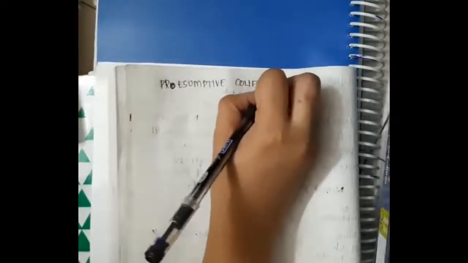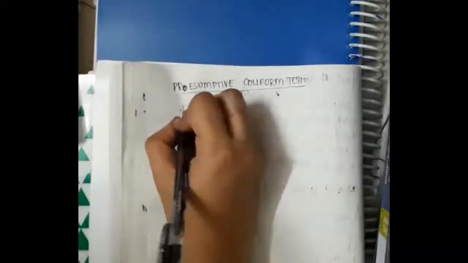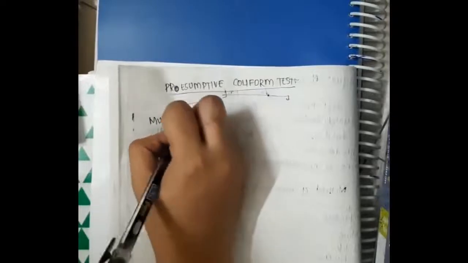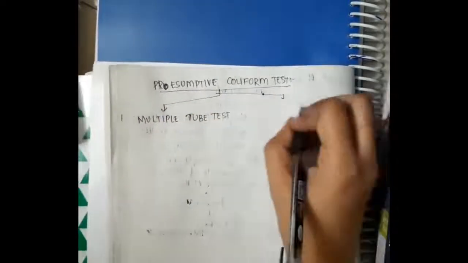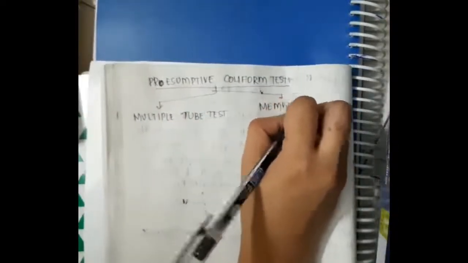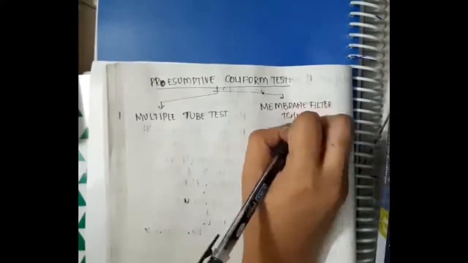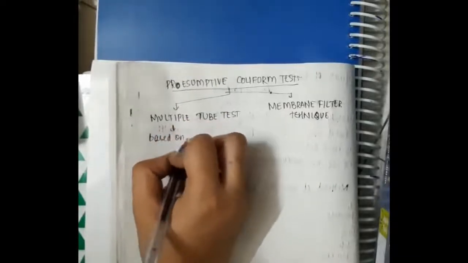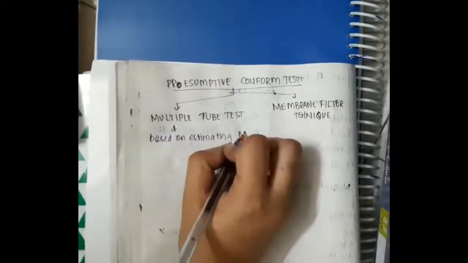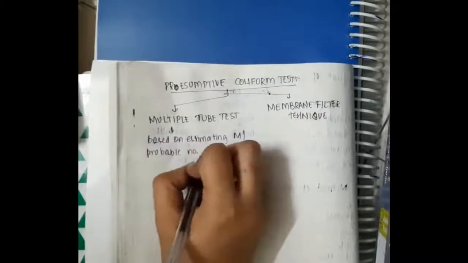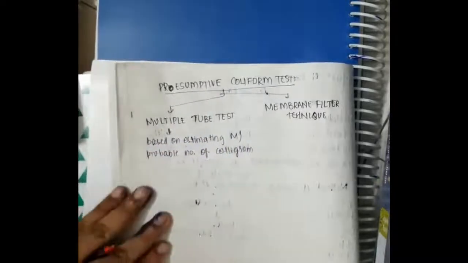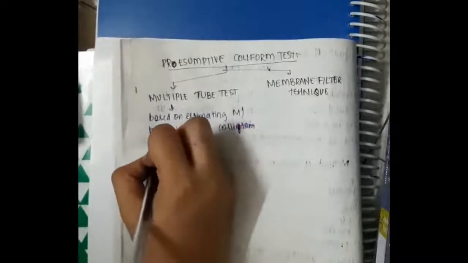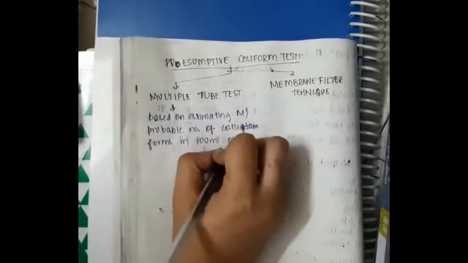Now, for the coliforms, we have a test called the presumptive coliform test. The presumptive coliform test can be divided into two types. One, the multiple tube test. Second, the membrane filter test. The multiple tube test is based on estimating the most probable number of coliforms in 100 ml of water.